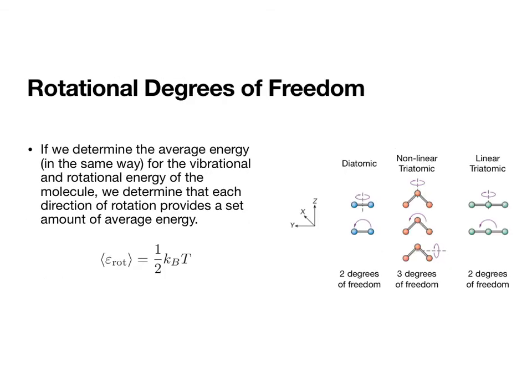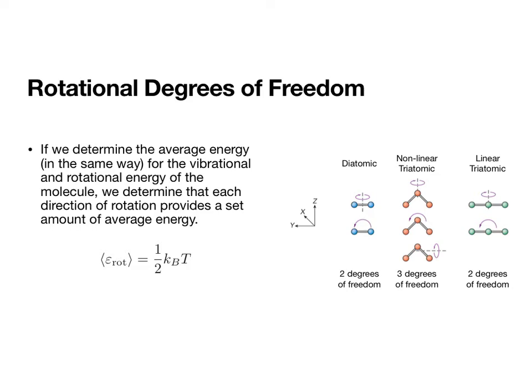Okay, so if we think about this in terms of rotations, in addition to translations, it turns out that we can use the same average value theorem for rotational and vibrational energy.